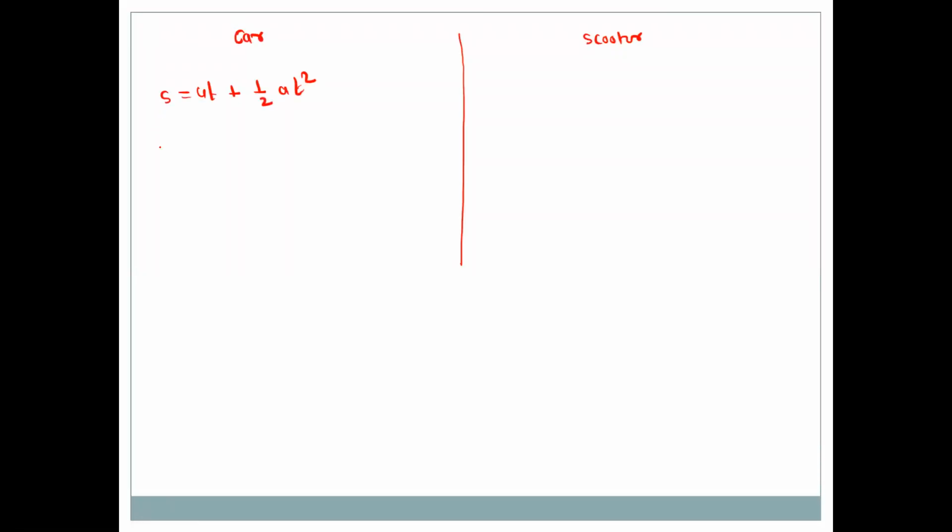So here s is equal to x meter, which is the unknown value. Initial velocity is 0, so this term will be 0 plus half into acceleration 1.2 and time t, which we have taken as t1. So this is t1 square. Similarly for the scooter, s is equal to ut plus half at square.